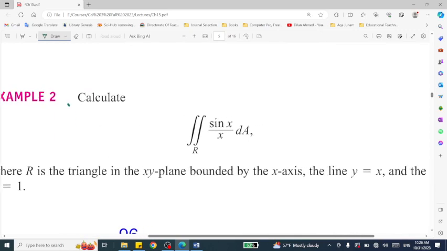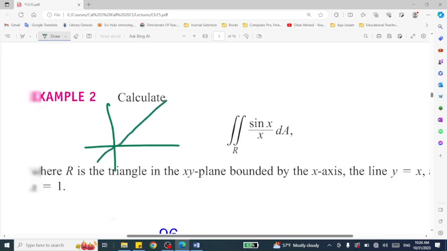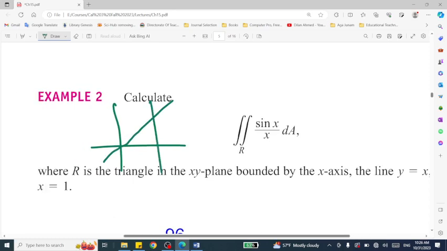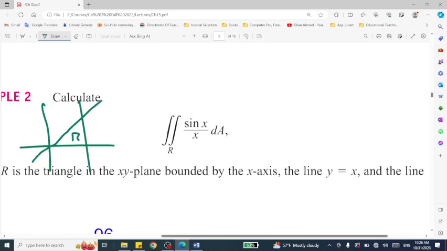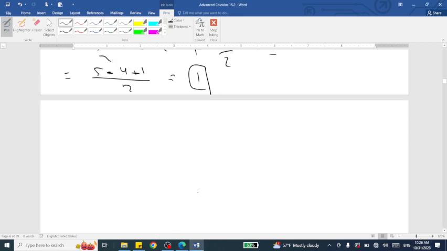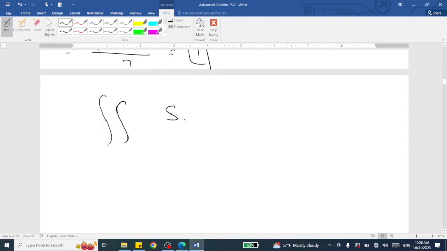The line y equal to x and x equal to the same boundary, and the x axis, the same region, but this is your example and I didn't say anything. So how do we solve example number 2? We have the double integral of sine x over x dA, and the given is like that.